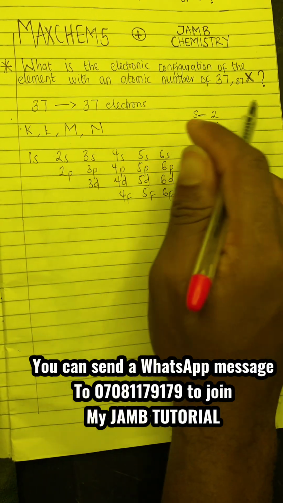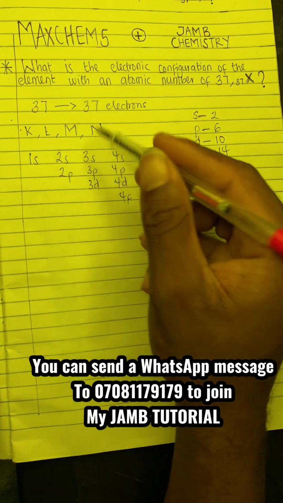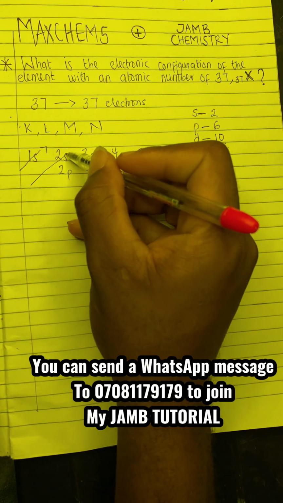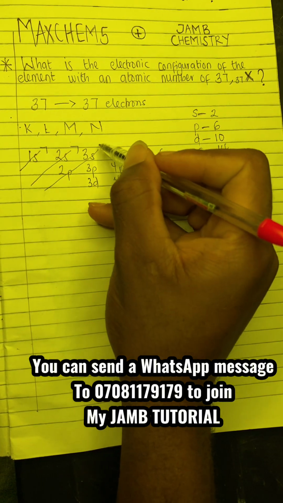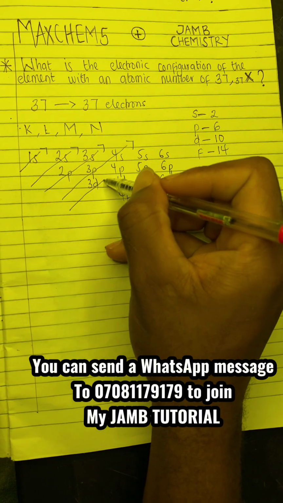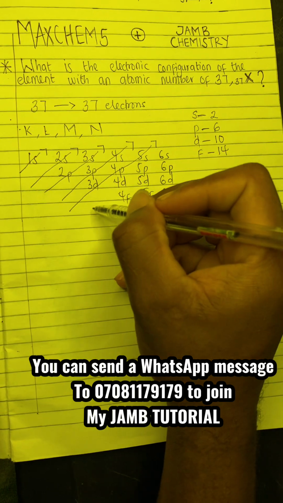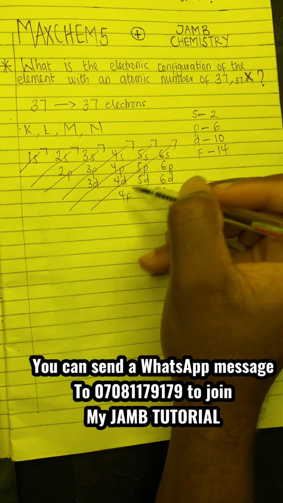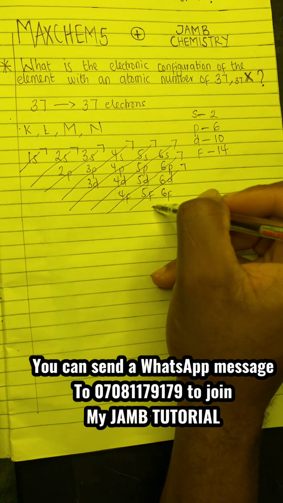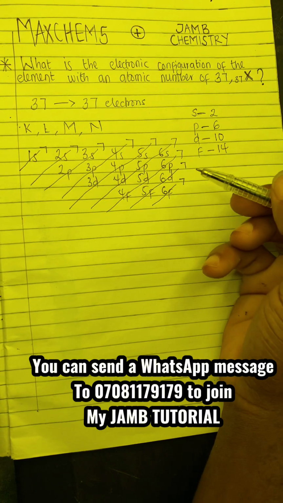It's more than this, you can do it as much as you want, but for this particular element, I'll just stop here. So you just have to make an arrow like this. This is just showing the direction of how the electrons will be filling in the shells and the orbitals. You understand? So it goes in this manner. You can do it as much as you want, depending on how sophisticated the element is.